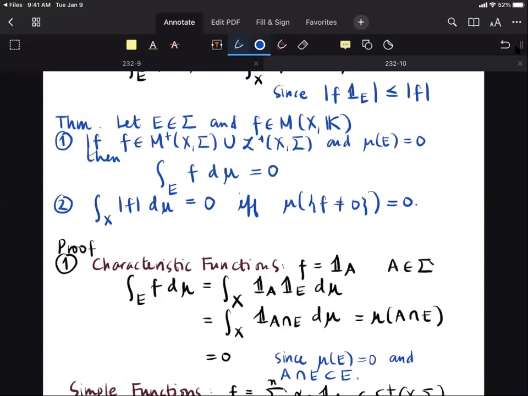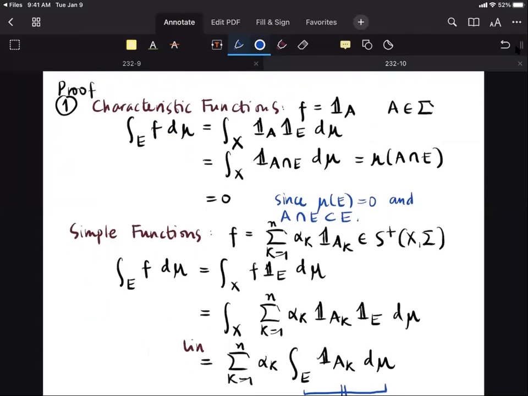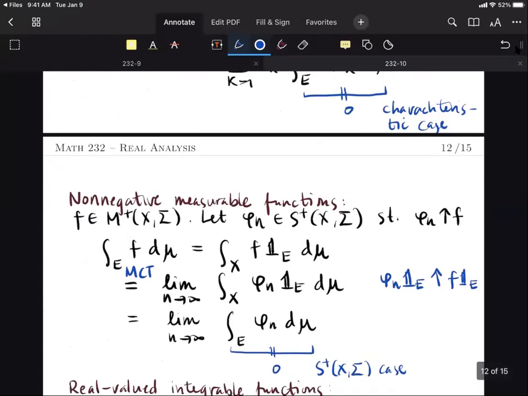And you can notice here, the proof follows the construction of the Lebesgue integral. First you start with characteristic functions and you apply this for simple functions using linearity. You extend this to non-negative measurable functions by looking for a sequence of simple functions that increases to f, so that the application of the monotone convergence theorem is valid.